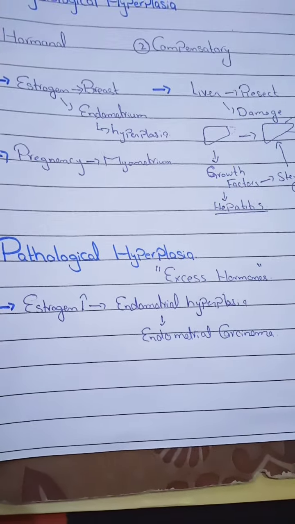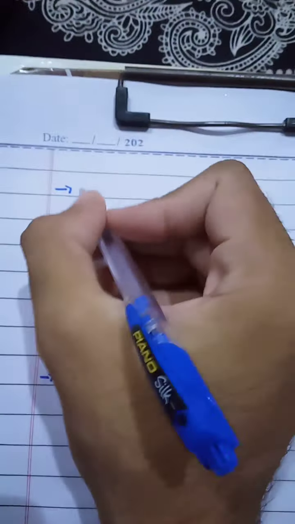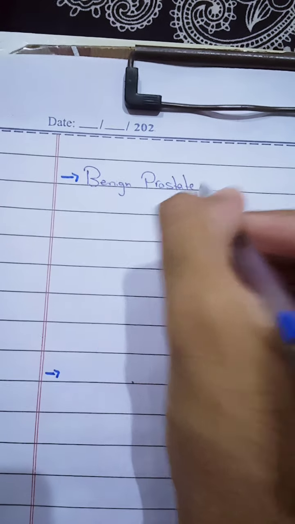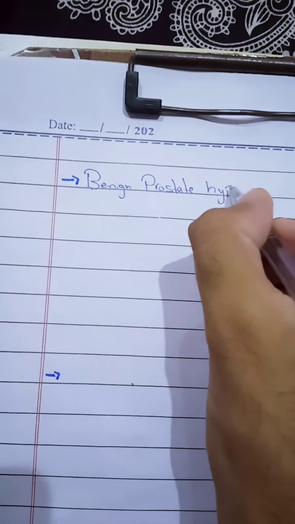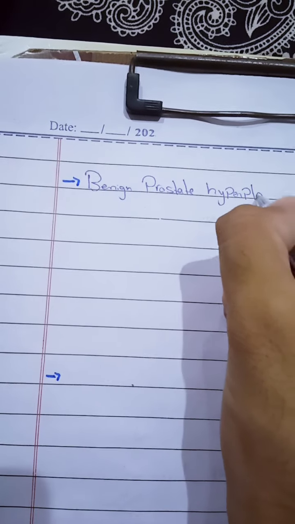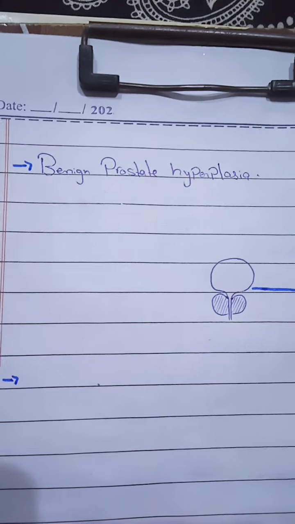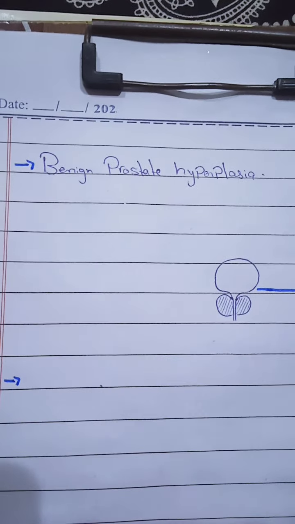So this is pathological hyperplasia. Now see the next example. The next example is benign prostate hyperplasia. So what is benign prostate hyperplasia? It is an increase in the number of cells in the prostate.